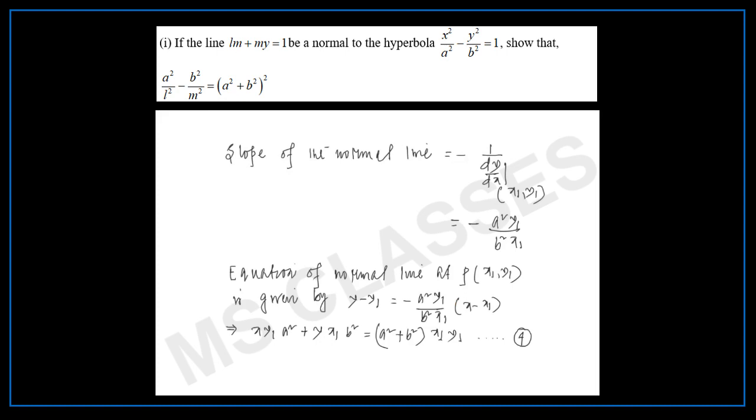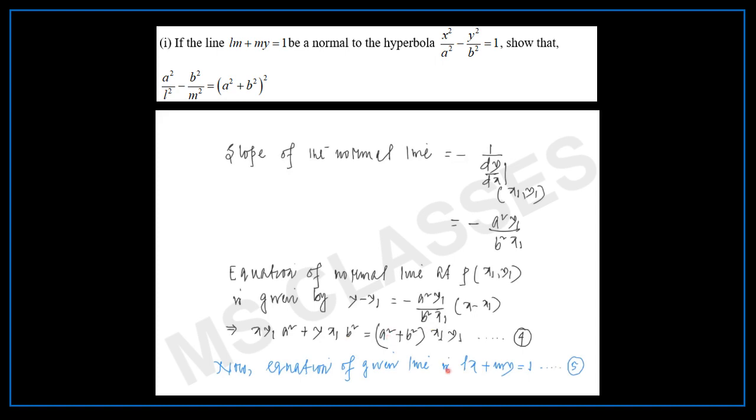Now the equation of the given line, which is acting as a normal to this hyperbola, is lx plus my equal to 1, which we take as equation 5. Since they are identical lines, equation 4 and equation 5 are representing the identical line.